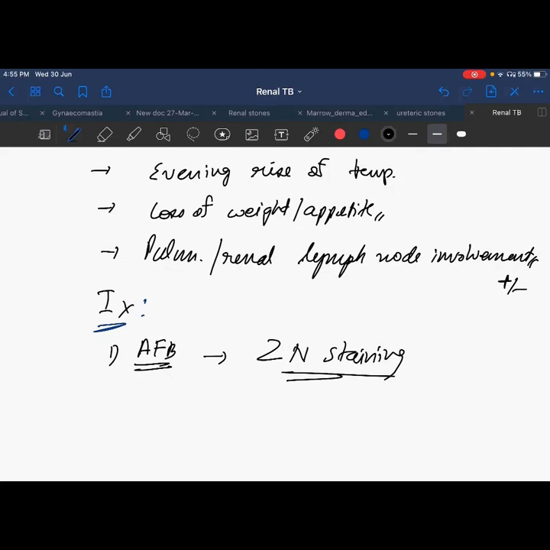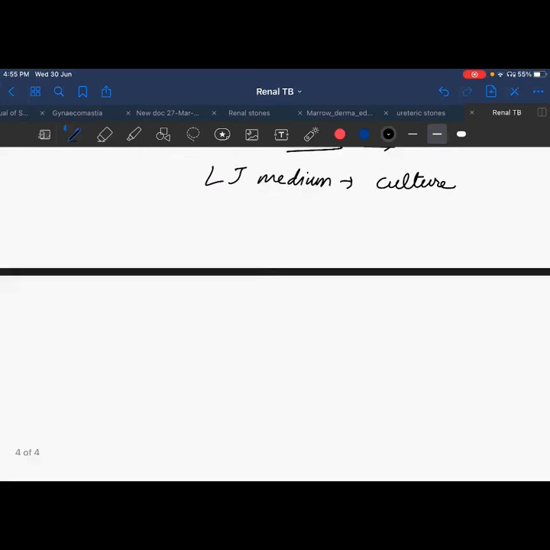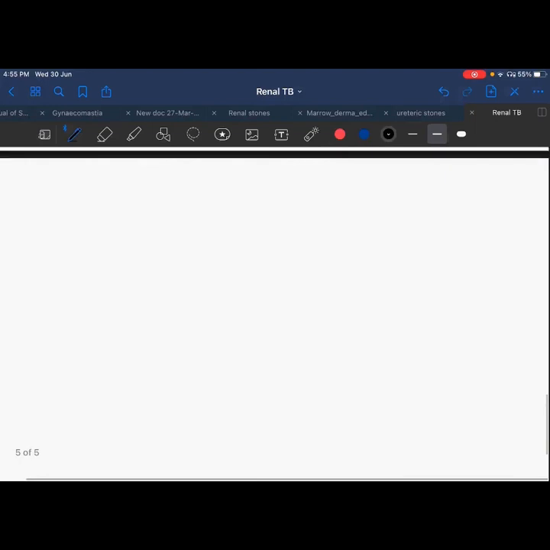We do it by ZN staining, and we can see the tubercle bacilli. And culture can be done on LJ media. This is the same for all TB, whether TB of the liver or any other system. You do this acid-fast bacilli culture.